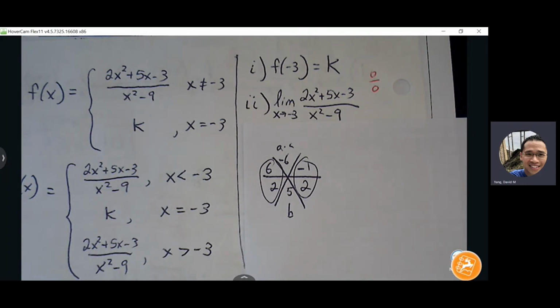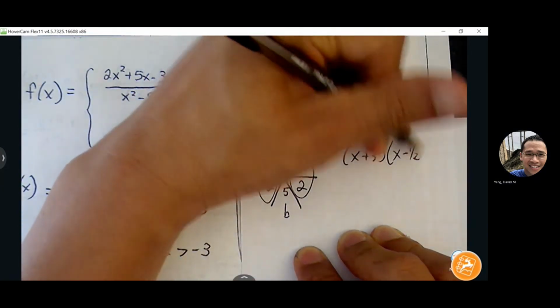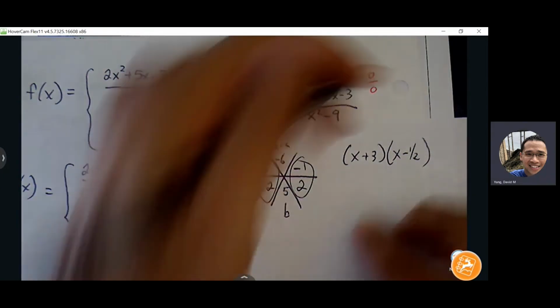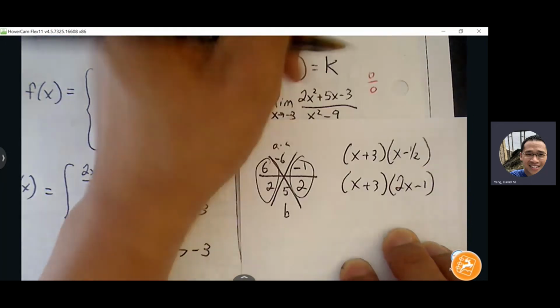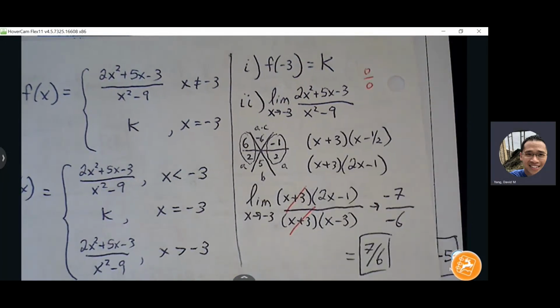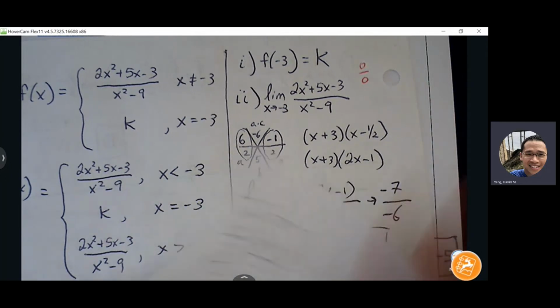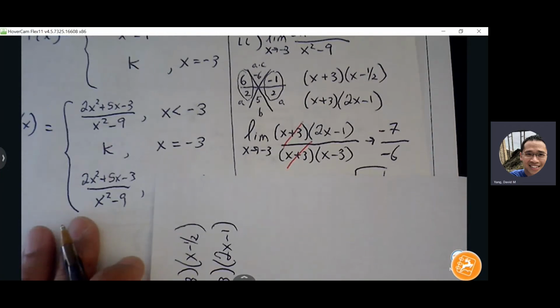Factor, we got to deal with the 2 in the leading coefficient, so 6 over 2 is 3, and -1/2. Pull that 2 in front, and I get x plus 3 and 2x minus 1. Then the bottom is going to be x plus 3, x minus 3.